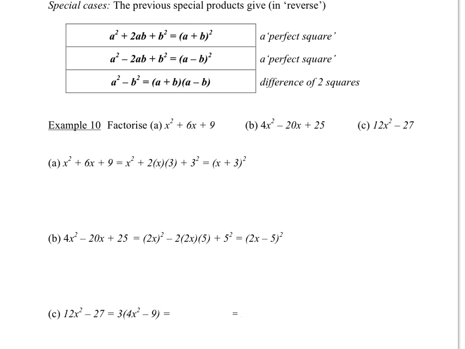So another way of writing that would be like this: 2x all squared minus 3 squared. And then this thing here is really the same as this, but with a equal to 2x and b equal to 3. So we can factorize it like this. So it's 2x plus 3, 2x minus 3. And that's what we have here.